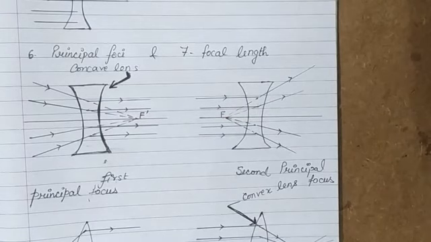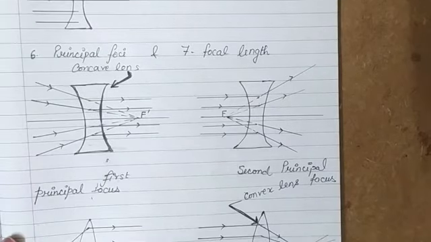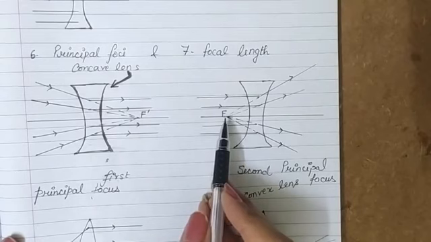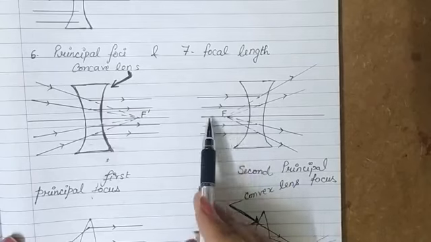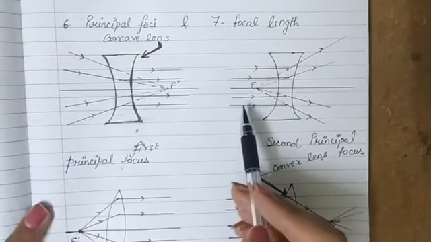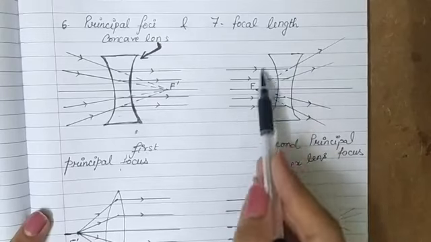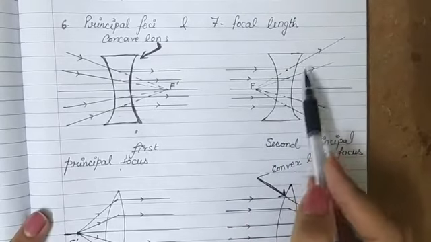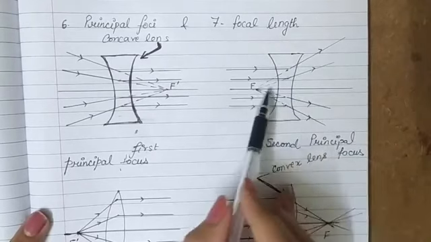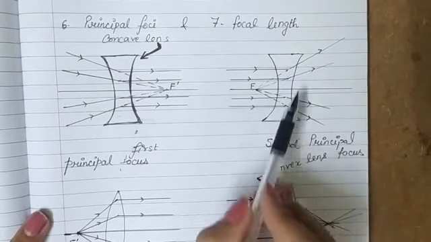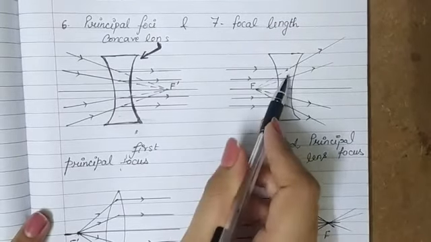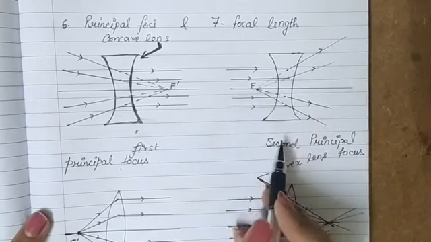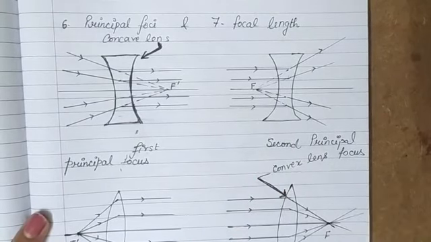So second principal focus for concave lens, we can define like this: it is the point on the principal axis such that the light rays that are incident parallel to the principal axis, after refraction through the lens appear to diverge from this point. So these light rays are diverging from the lens, but it appears that they are coming from this point, so they appear to diverge from the point F. Then this point is called second principal focus of concave lens.